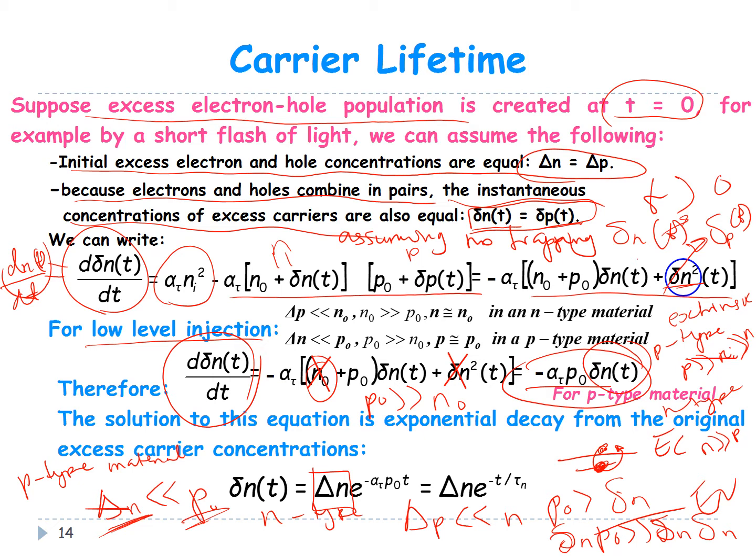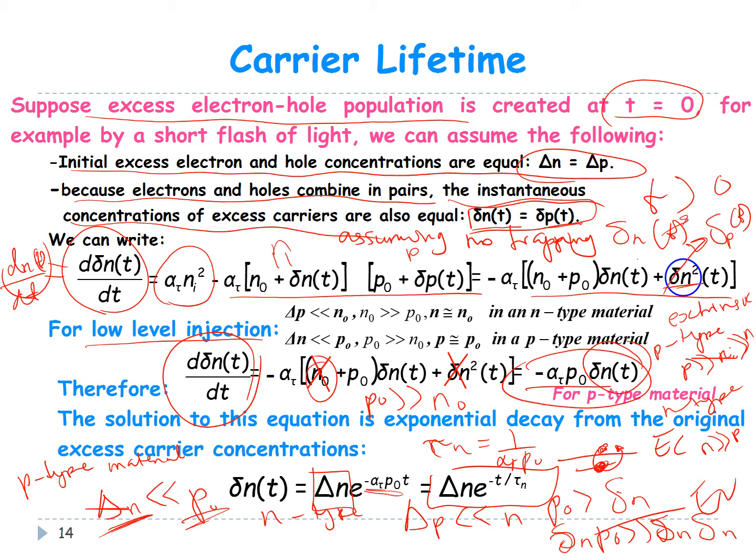Now if we say that alpha times p naught is equal to 1 over tau n, so tau n is equal to 1 over alpha p naught, then we can actually rewrite our instantaneous electron concentration as delta n e to the power minus t over tau n.